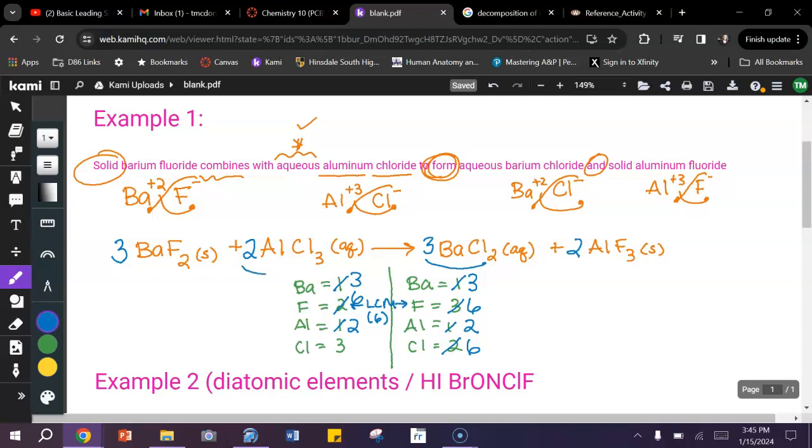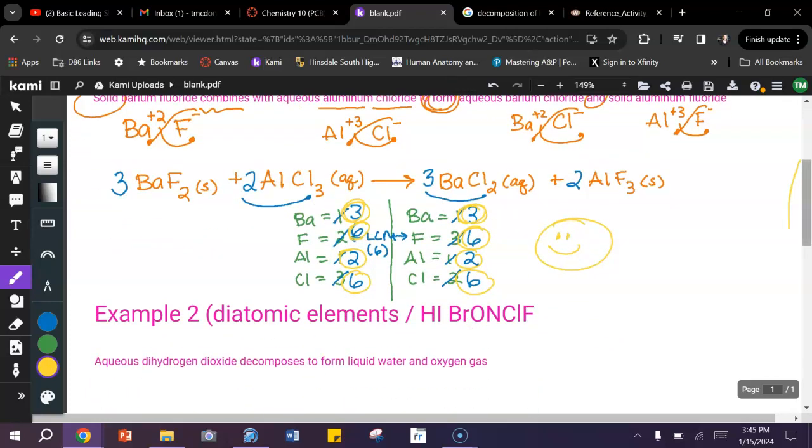But remember that the 2 also distributes to my 3 chlorines, and 2 times 3 is 6. So now if you take a look at my numbers, I have 3 bariums on each side, 6 fluorines on each side, 2 aluminums on each side, and 6 chlorines on each side of my arrow, which means that my equation is happy and balanced.